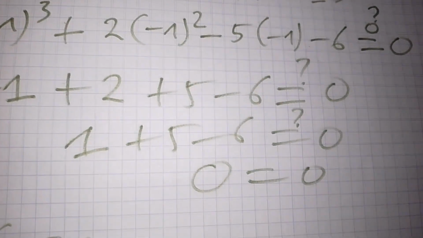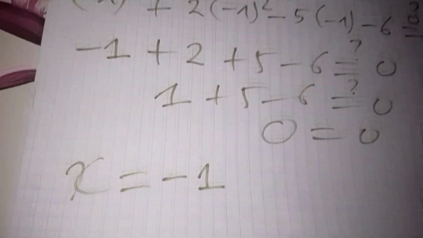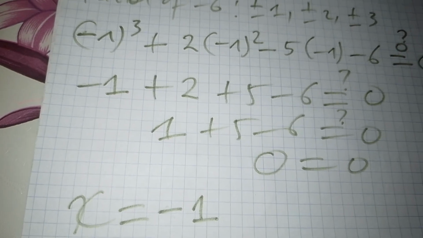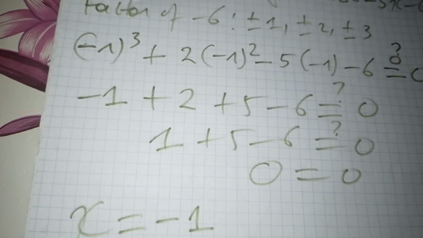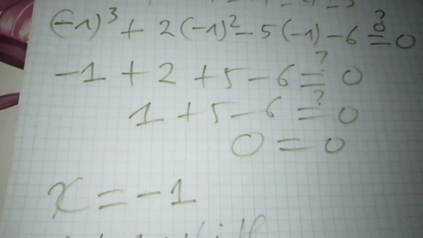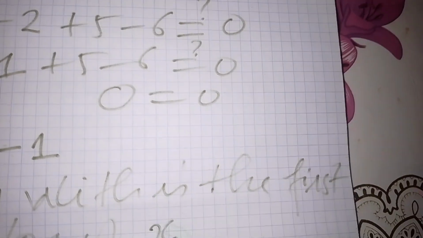So now x is equal to minus 1, and you have x plus 1, which is the first factor of x cubed plus 2x squared minus 5x minus 6.